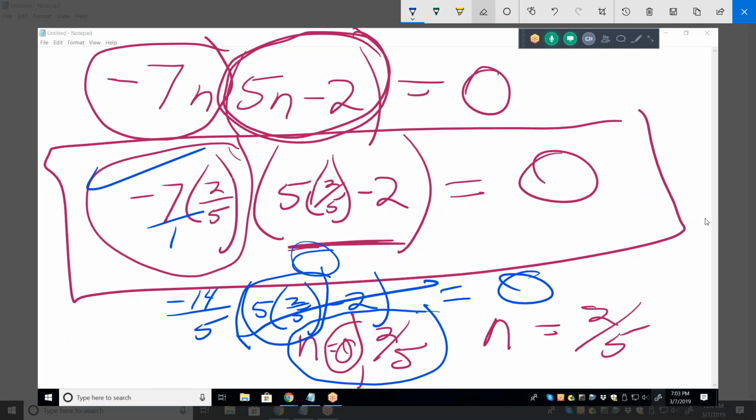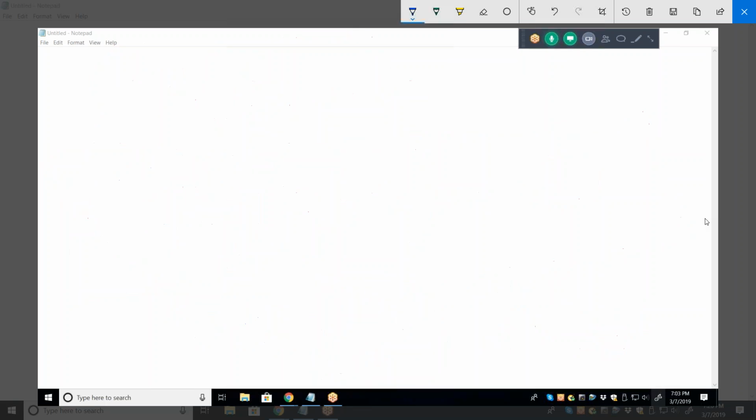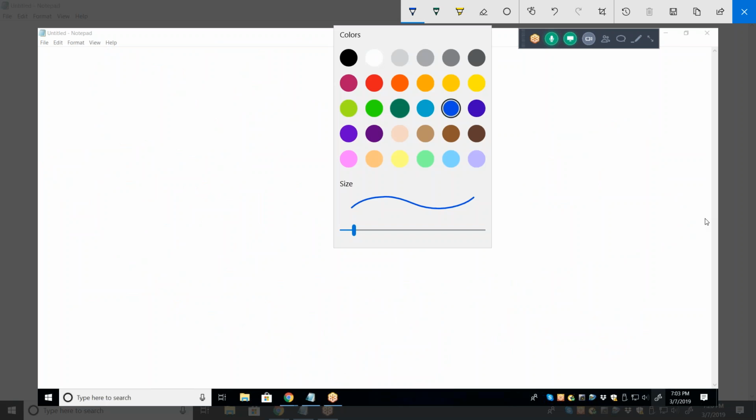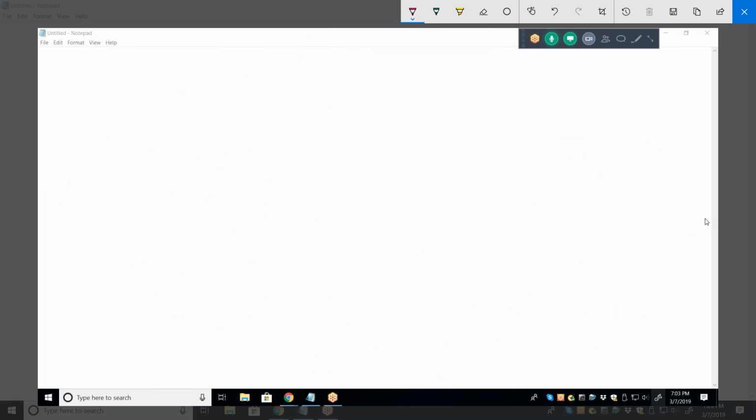Now, let me give you just a word of advice. Most equations are going to give you two solutions that are both correct. The ones that do not are the ones that have a radical sign in them, or an absolute value sign, or a log sign.